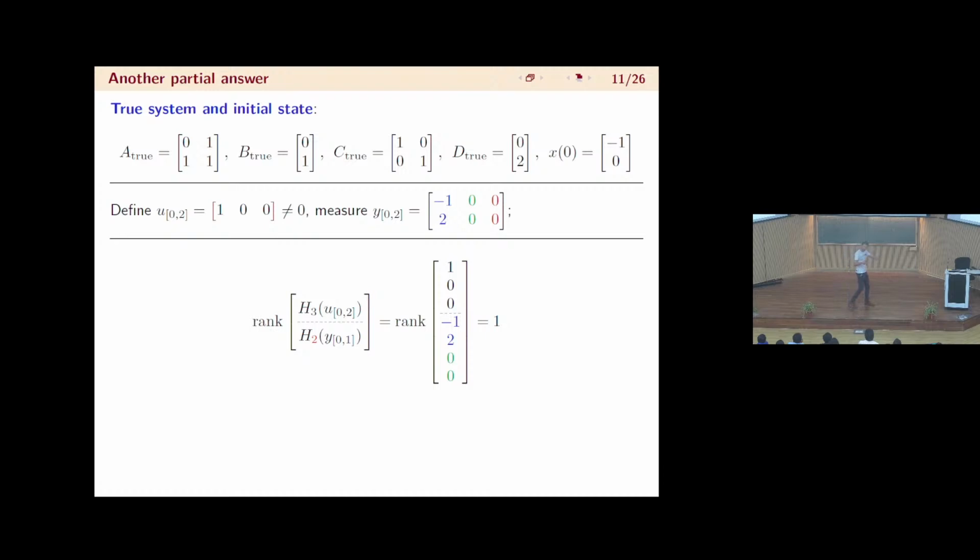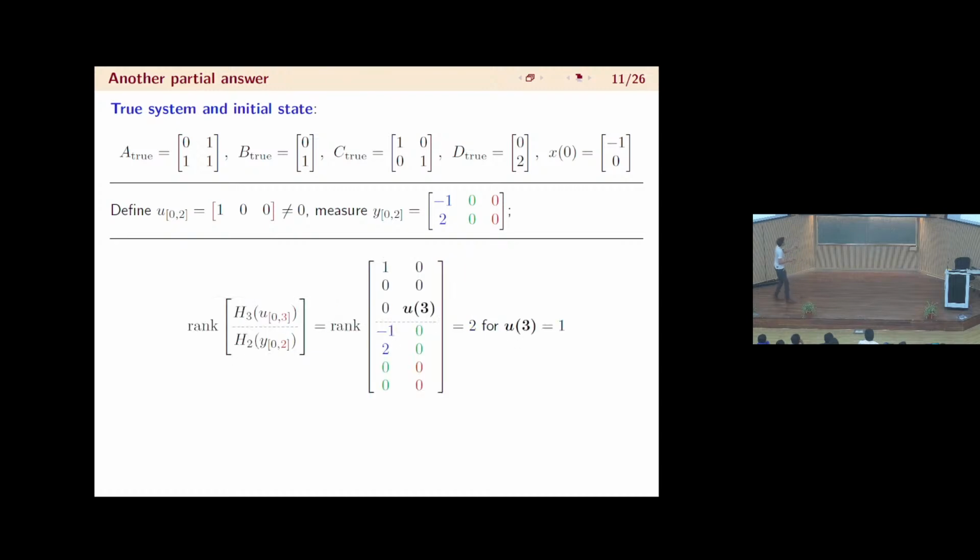Now I want to choose the inputs in such a way that at every step, while adding 1 more sample, I add 1 more column to this Hankel matrix, and always increase the rank of the Hankel matrix at every time step. So already here we have 1 column. The rank is obviously 1 because this is a non-zero column.